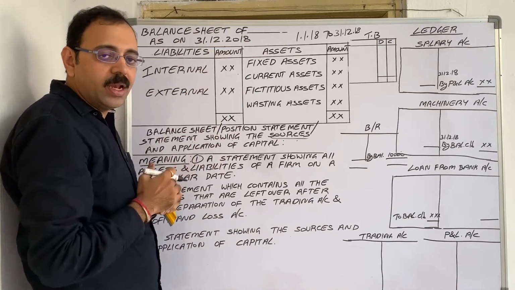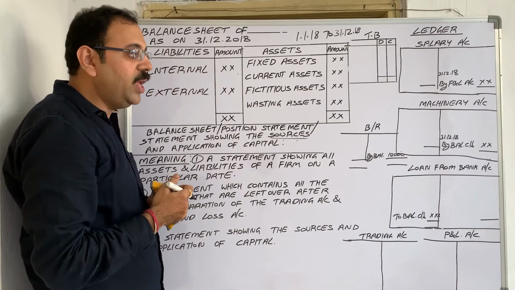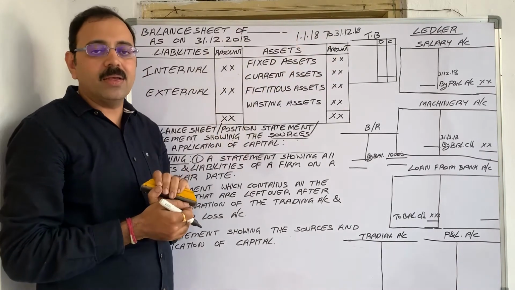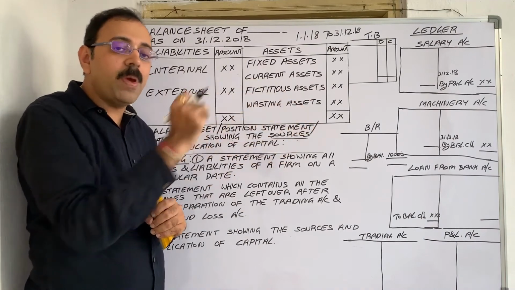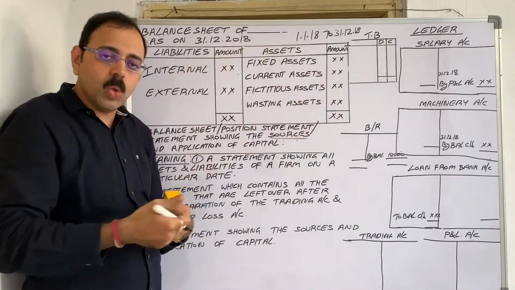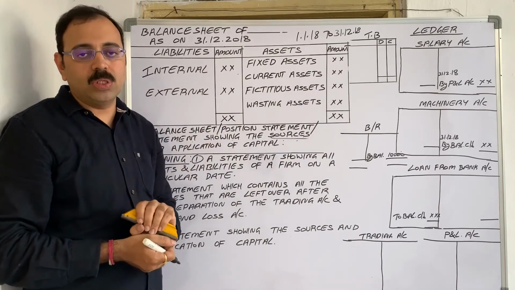Owner brought capital, in that form I got some money. Similarly, I have taken loan from bank, in that form some amount came to me. In the form of bills payable, I got some goods. In the form of creditors, I got some goods.